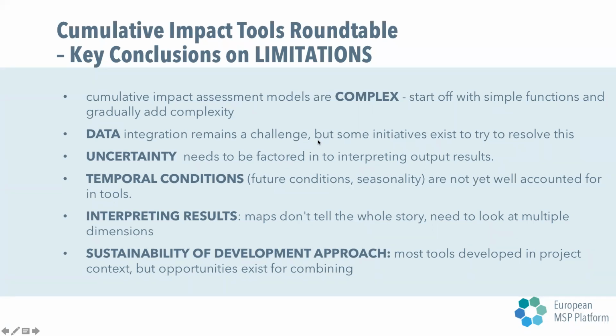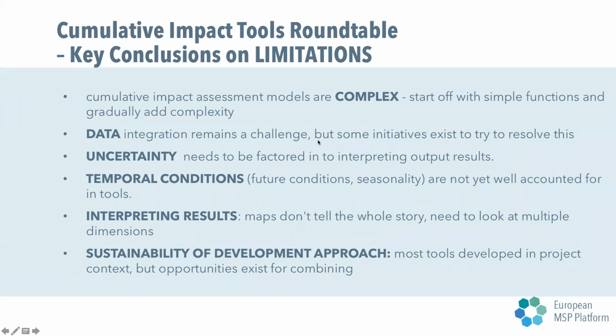Another limitation has to do with uncertainty. Cumulative impact tools need to factor in uncertainty regarding data inputs, and subsequently assessment results also need to be interpreted according to the degree of uncertainty indicated by the tool developers and the results.